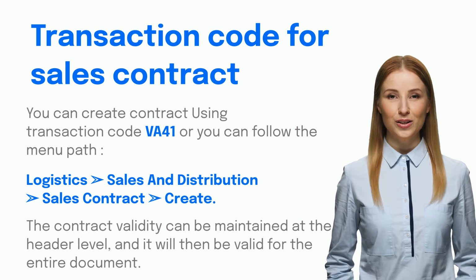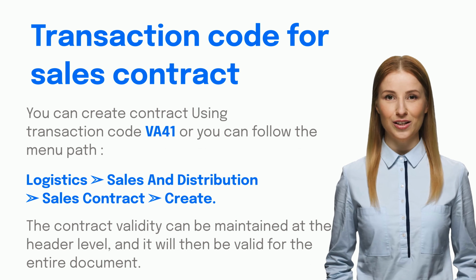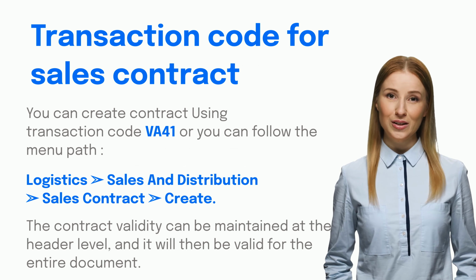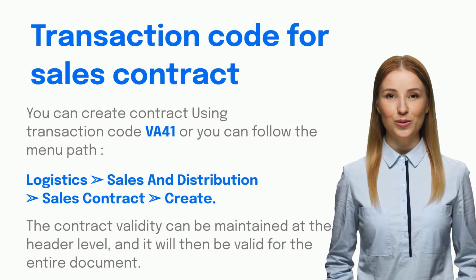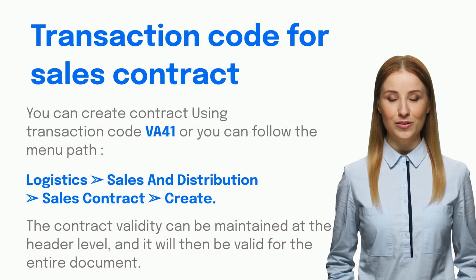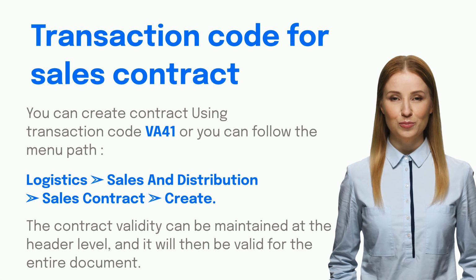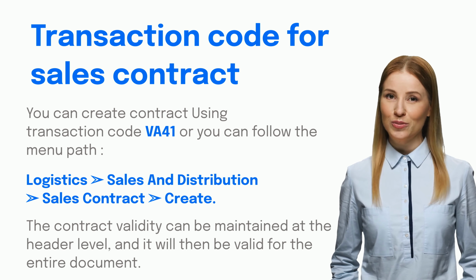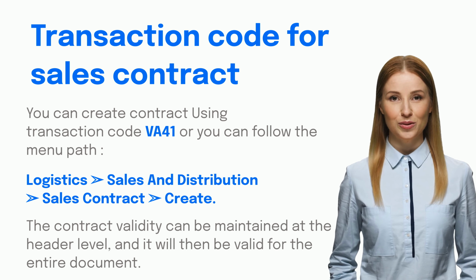You create a contract document in SAP using transaction code VA41, or you can follow the menu path Logistics, Sales and Distribution, Sales Contract, Create. A contract can be made for both products and services. A contract document does not include a schedule line or required delivery date, in contrast to a sales order.